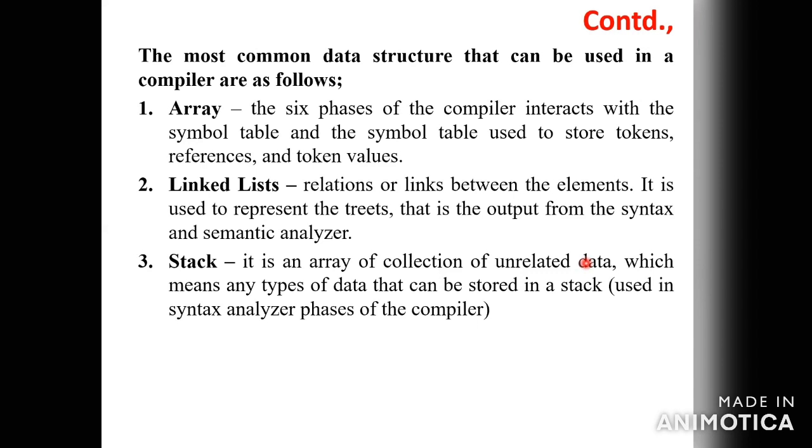The most common data structures used for the compiler are, first, the array, second, the linked list, and third, the stack. In the first phase of the compiler, the array is a linear or sequential form. But each and every phase of the compiler interacts with the symbol table. Lexical, syntax, semantic, intermediate code generation, code optimization and code generation, all the data can be stored in the symbol table.